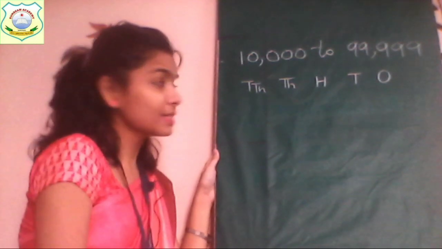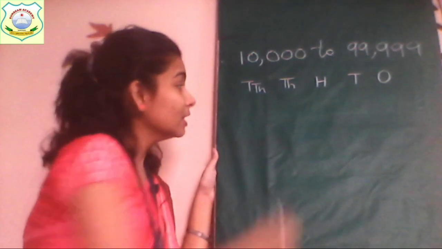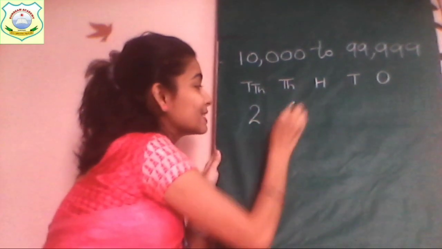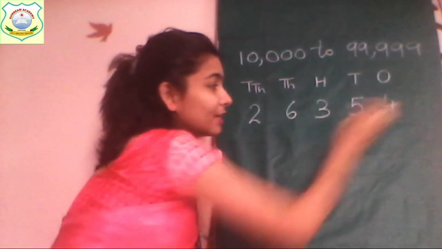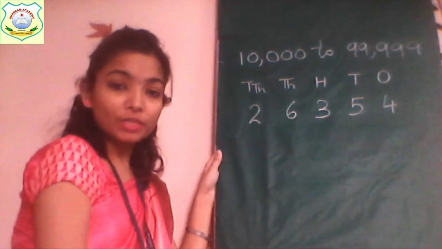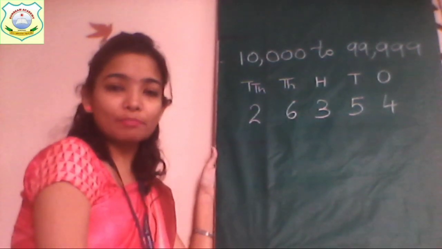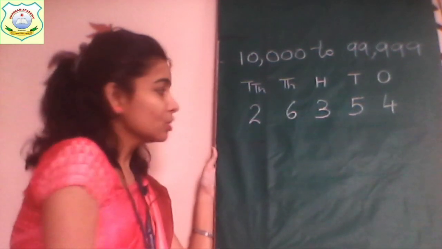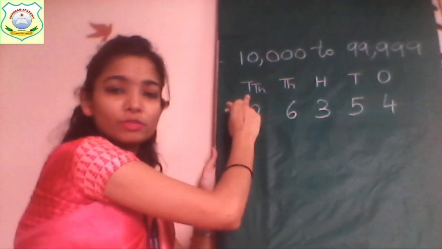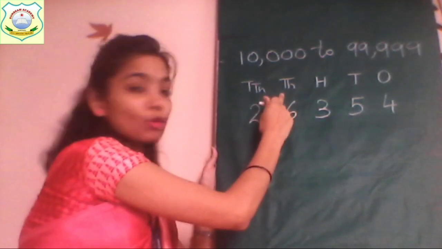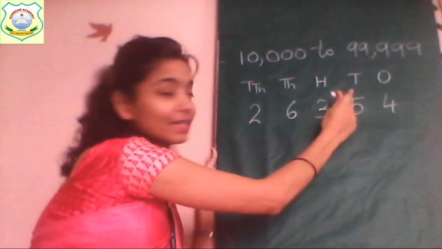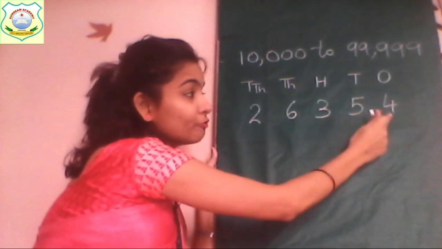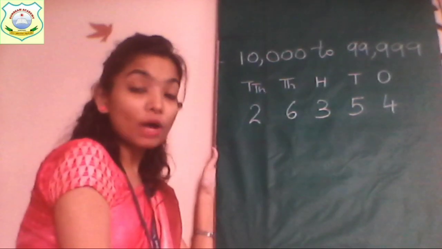Now for example, if I take a number like 2, 6, 3, 5 and here I have taken 4. So how to write this number in words? 2 is at 10,000 place, 6 is at 1,000 place, 3 is at 100 place, 5 is at 10s place and 4 is at 1s place. So how to read it?